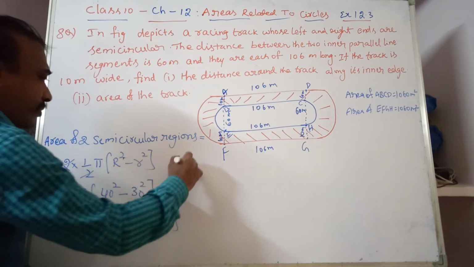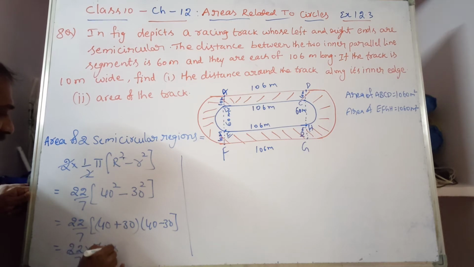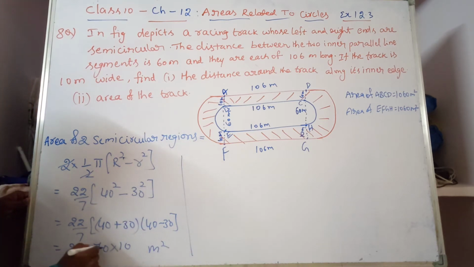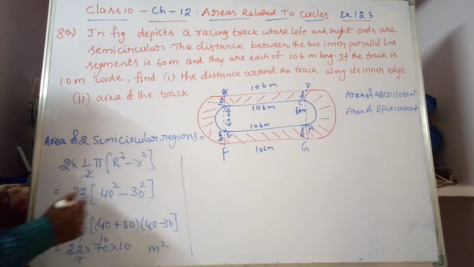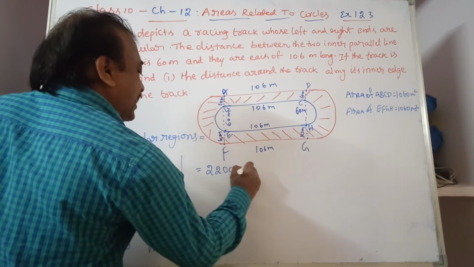Now here 22 by 7 into 40 plus 30 is 70, into 40 minus 30 is 10 meter square. 7 tens are 70. So 22 into 10 into 10, 10 into 10 is 100, 100 into 22, which is equal to 2200 meter square.